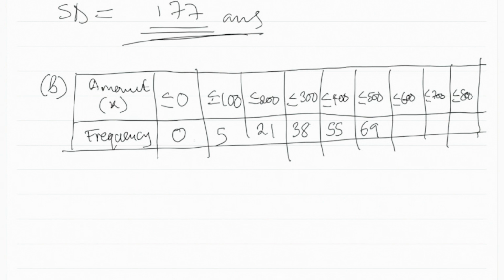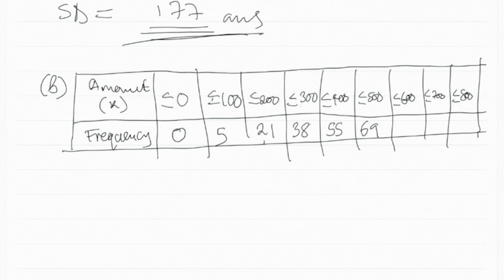How am I going to complete it? How were they arriving at this? These are frequencies. Less than 0 is 0. Less than 100 is 5. Then less than 200, 5 plus 16, you are getting the 21 there. I hope you're able to see that table that has been given.